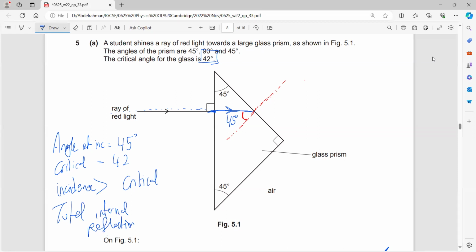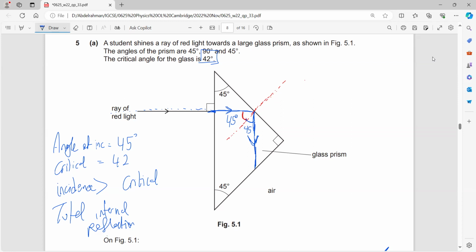What does total internal reflection mean? It will not move outside. It will move back inside the prism with an angle of 45. This angle will also be 45. The arrow has moved inside the prism again with an angle of 45 degrees.